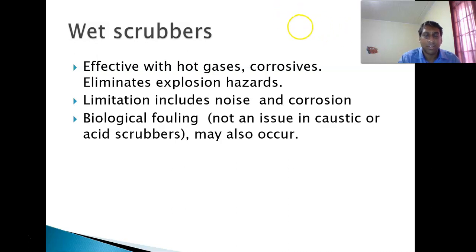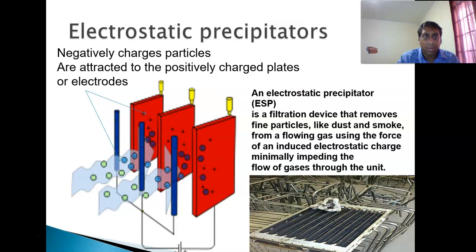Electrostatic precipitators. For those who have never done this one, I'll just run through it. Here, in the LEV itself, there will be a charge plate. Normally these plates would be positively charged, and they would pass an air current through the LEV system.